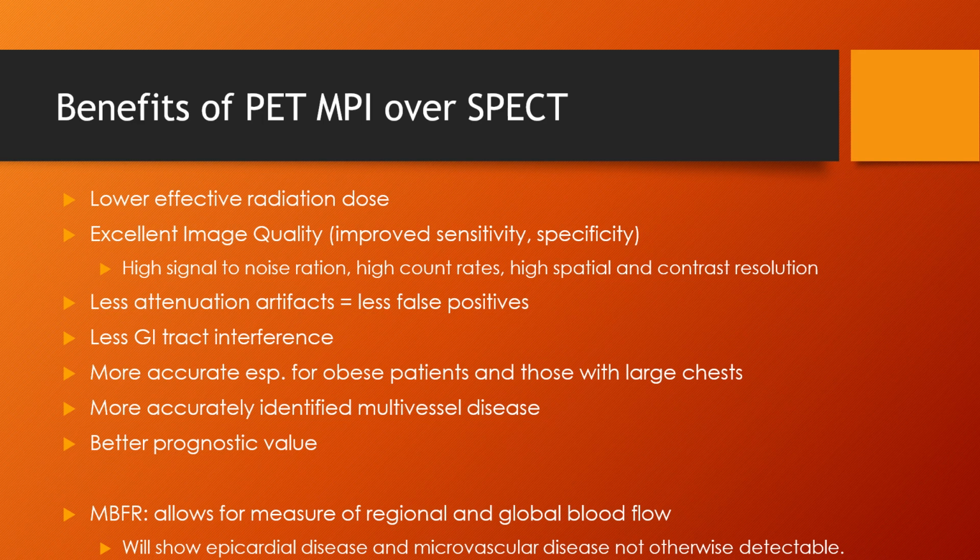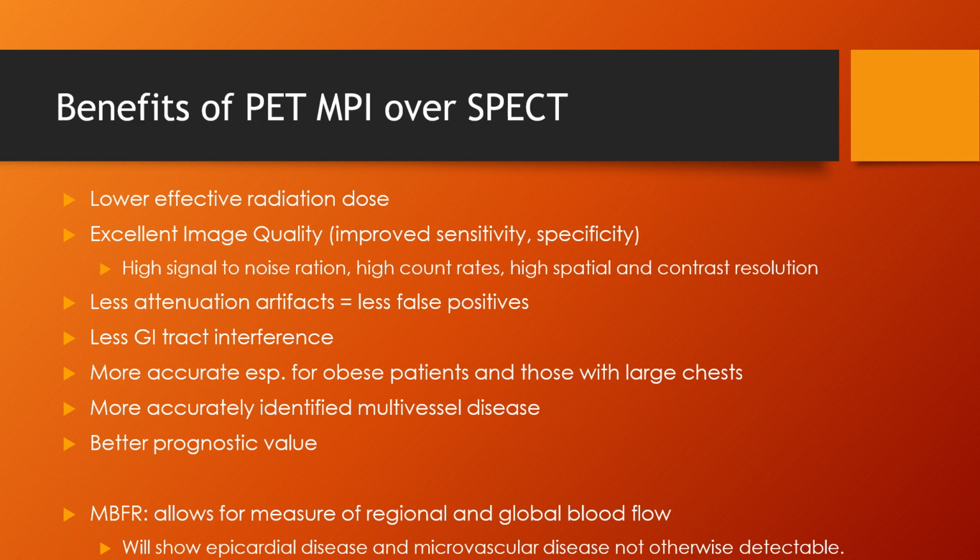PET has less attenuation artifacts and less false positives. There is less GI tract interference with PET, and PET imaging is more accurate, especially for obese patients and those with large chests. It more accurately identifies multi-vessel disease and has a better prognostic value.